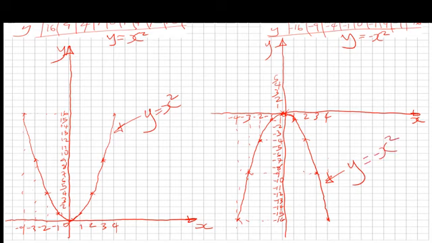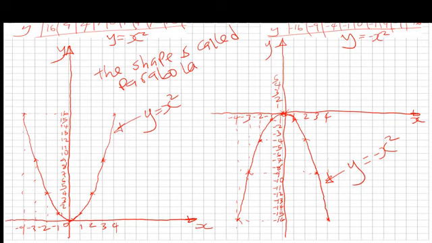The graphs are almost the same, but one is turned upside down. Now this shape is what we call a parabola. The shape is called a parabola.